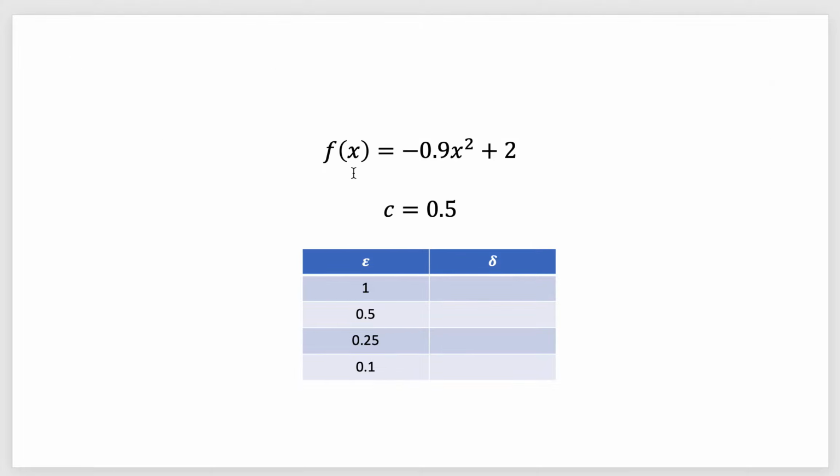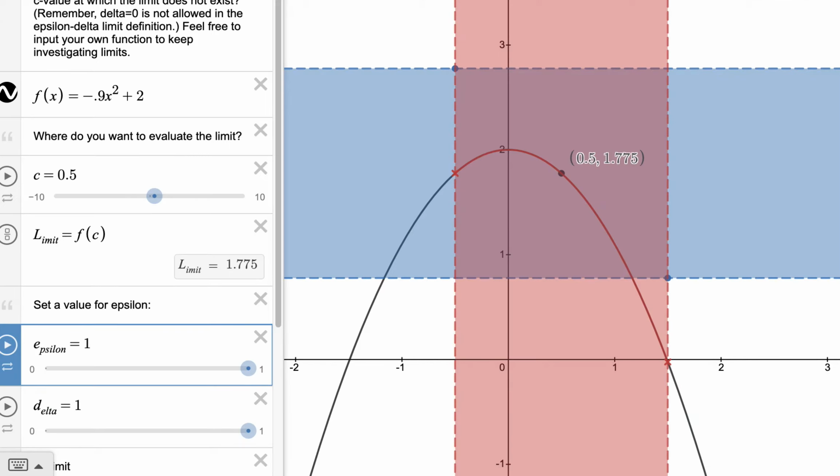We've got the function negative 0.9 x squared plus 2, and I'm looking for what the limit is as x approaches 0.5. Let me go back to my Desmos slide now. As x approaches 0.5, it looks like the y value is 1.775. This is a parabola, so there aren't any holes or vertical asymptotes. And so I think the limit is 1.775.